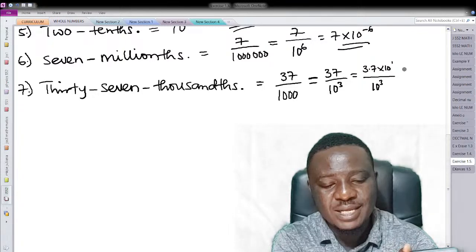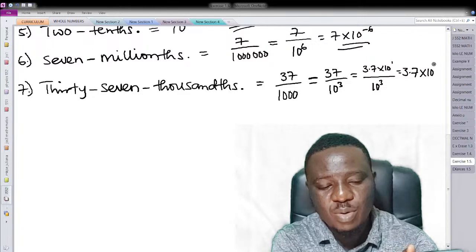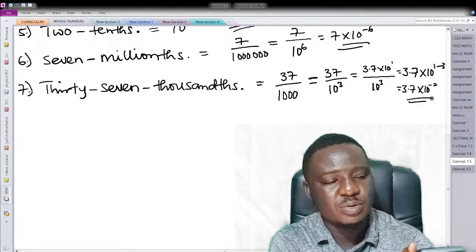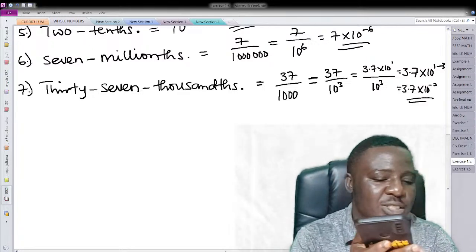This now becomes 3.7 times 10 raised to the power of 1 minus 3, which is equal to 3.7 times 10 raised to the power of minus 2. Okay, so that is your answer.